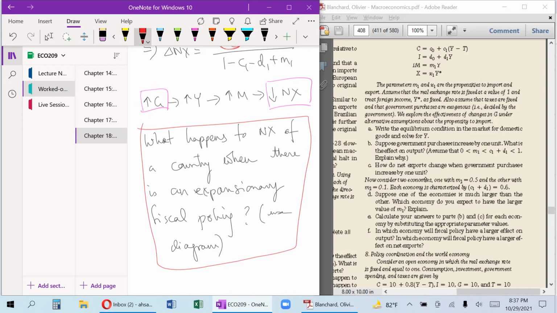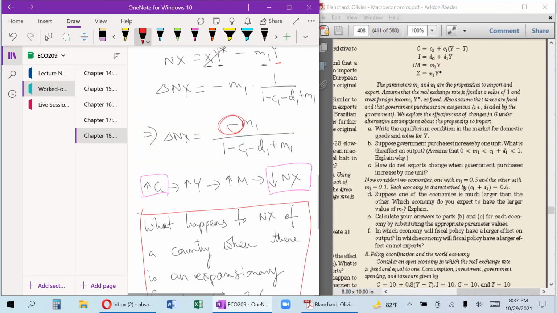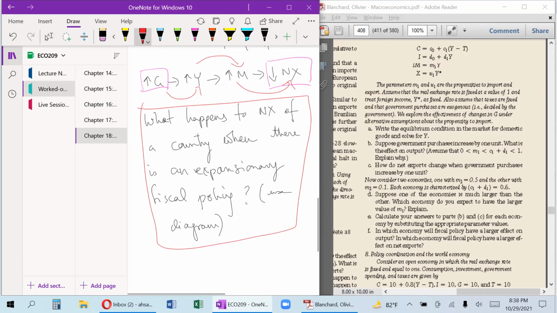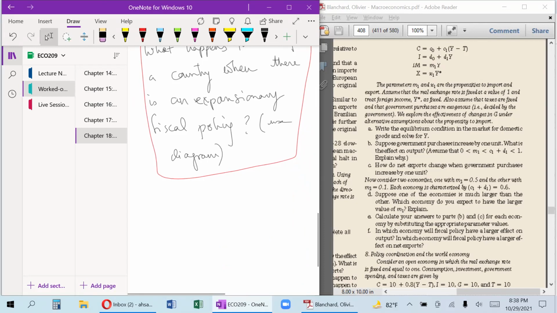Effectively, that's part C. The part C that we have solved shows us that when G goes up, there is a transition, of course. First Y goes up, then M goes up, then NX falls. It's possible to show this graphically, and I have actually shown it graphically during the videos that you would have already gone through. So try to solve this in your own time, and of course, if you have a problem, feel free to come to me, but I think you should all be able to solve it.